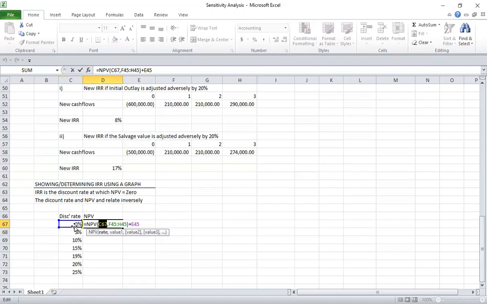The rest of the variables will not change.